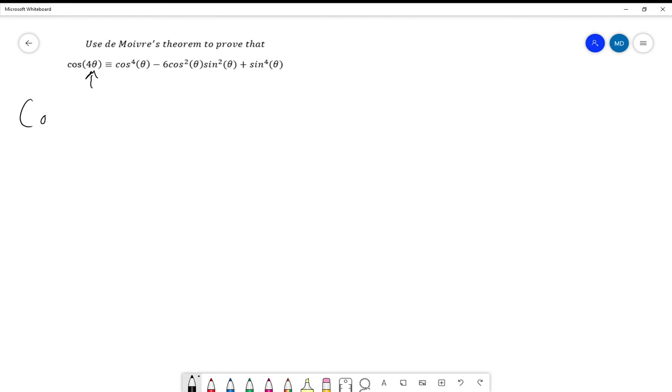And we get (cosine theta plus i sine theta) to the power of 4 is identical to cosine of 4 theta plus i sine of 4 theta.